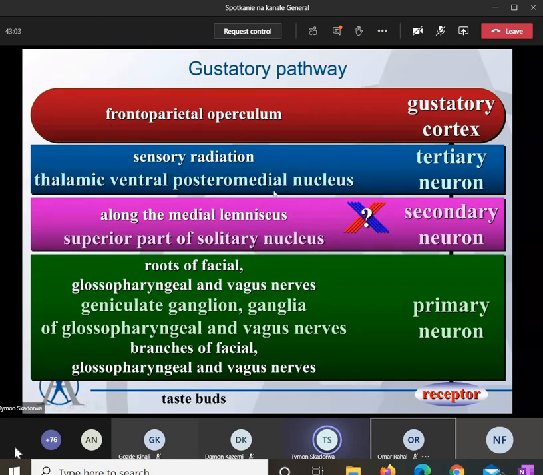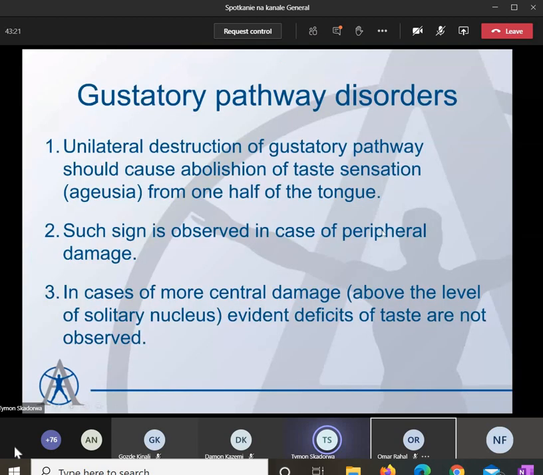So in fact this must be a pathway which is related to sensory pathways. They are packed very closely one by one in the brainstem. So this is why we don't know whether there are multiple crossings or there is no crossing. Now, what happens in case of destruction? We know that unilateral destruction of the gustatory pathway will cause abolition of taste sensation. We call it ageusia from one half of the tongue.